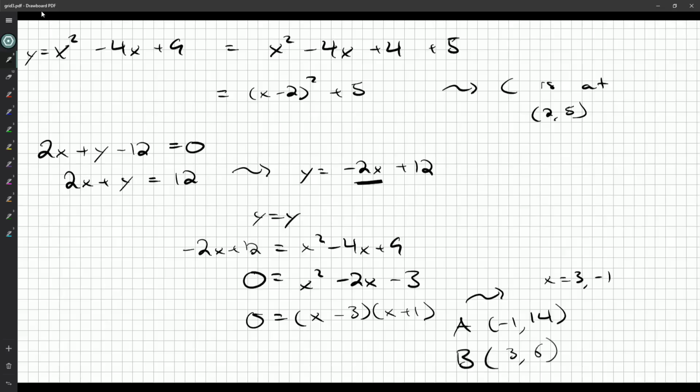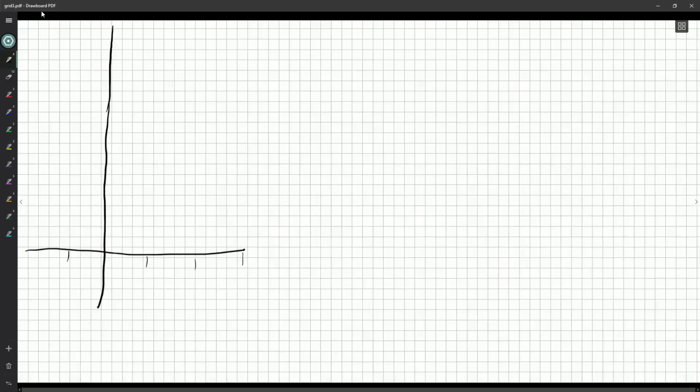So, there we go. We've got A, B, and C. I could try and draw a picture, but I don't really see exactly what that's going to tell me. But sure, let's draw ourselves a little bit of a picture. So we'll say minus 1, and then 1, and then 2, and then 3 here. And we'll go up to about here for 5.